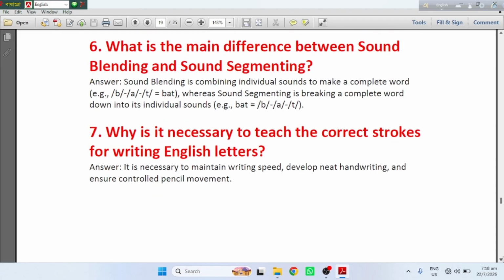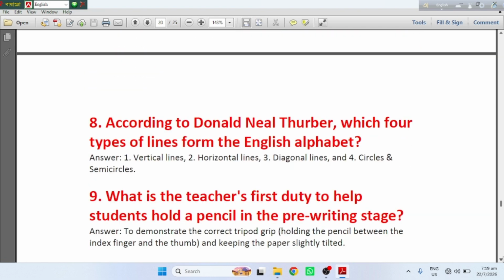Why is it necessary to teach the correct strokes for writing English letters? It is necessary for maintaining writing speed, developing neat handwriting, and ensuring controlled pencil movement. According to Donald Neil Thurber, there are four types of lines in the English alphabet: vertical lines, horizontal lines, diagonal lines, and circles and semicircles.